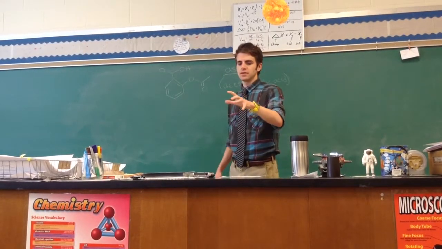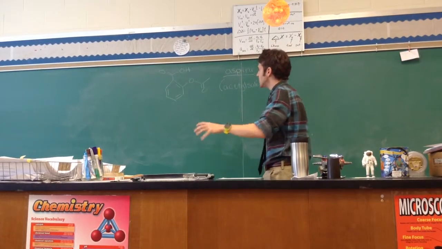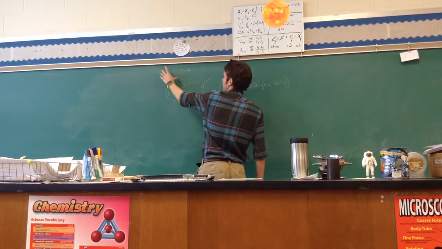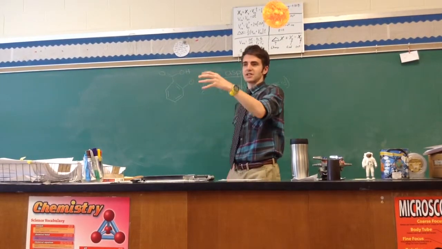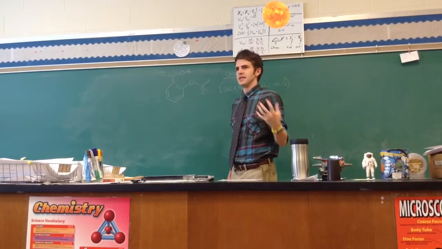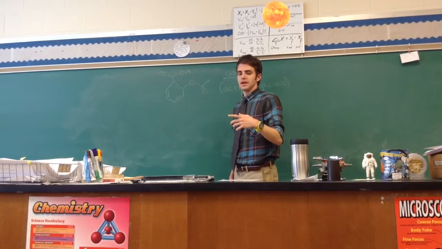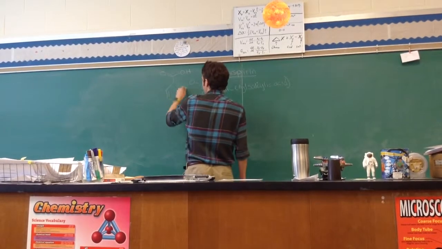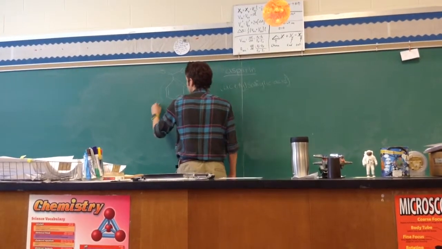Carbon double bond oxygen. Okay, so we see that here and here. Those are our carbonyls, and we have some specific names. We also have an aromatic. This is our nice ring.